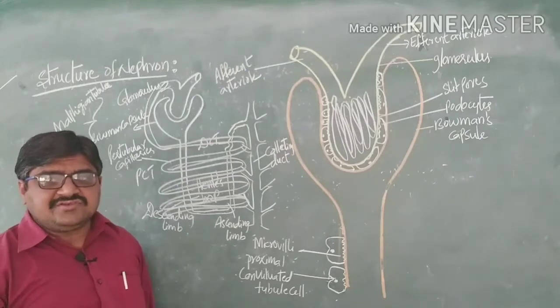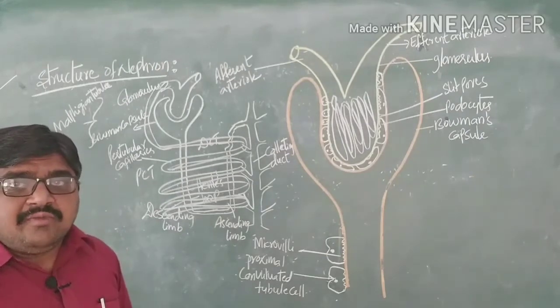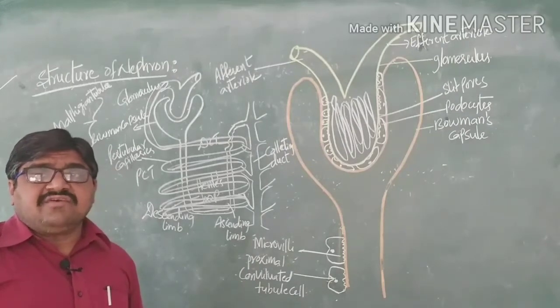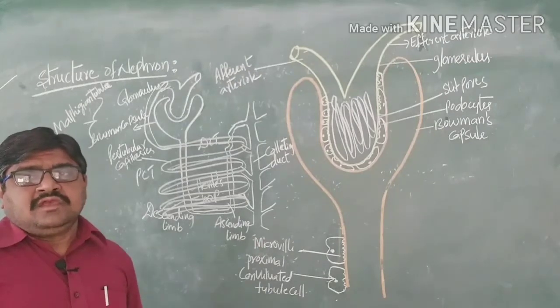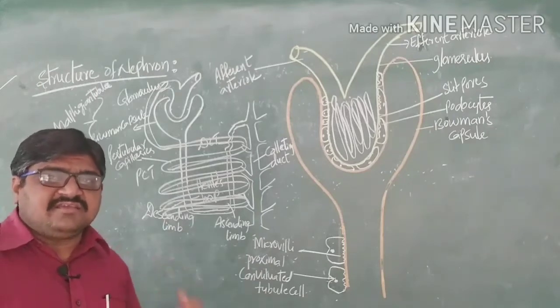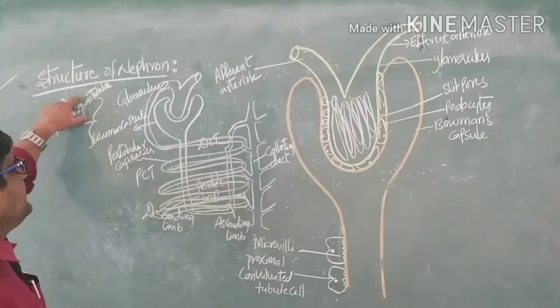It is a combination of a glomerulus as well as the Bowman's capsule. It was introduced by Marcello Malpighi, so instead of his name, we can call this the Malpighian tubule.